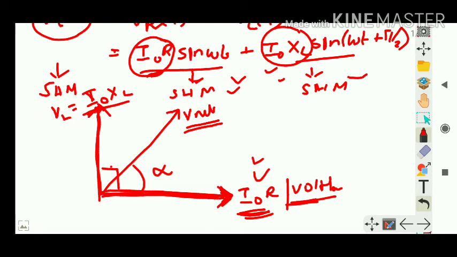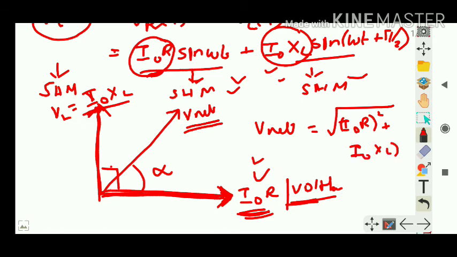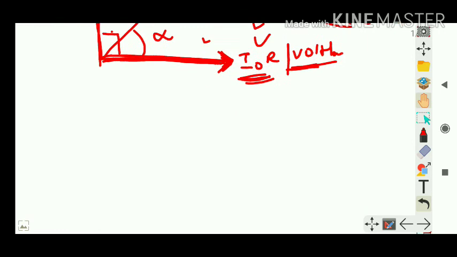So can't I write V net is equal to root of I naught R whole square plus I naught XL whole square? Simple. Keep that, or I am going to write it again in the below portion.